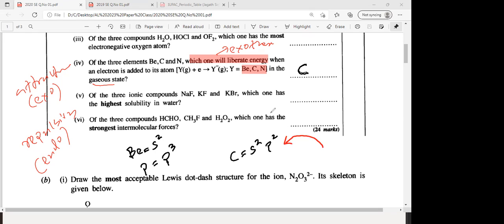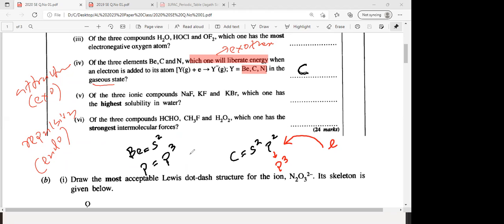Carbon is willing to make it p3. Carbon can get the electron most easily because it will go from p2 to p3. But for s2, it becomes s2p1, which is going to be unstable. For p3, it will also repel the electron. It doesn't like to gain the electron.